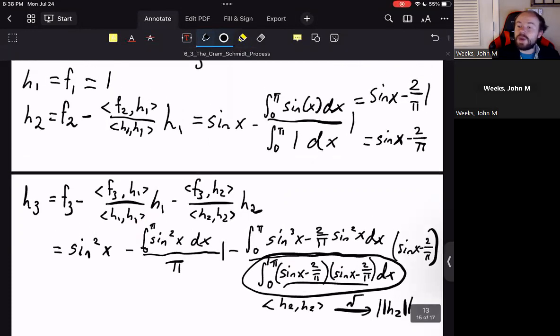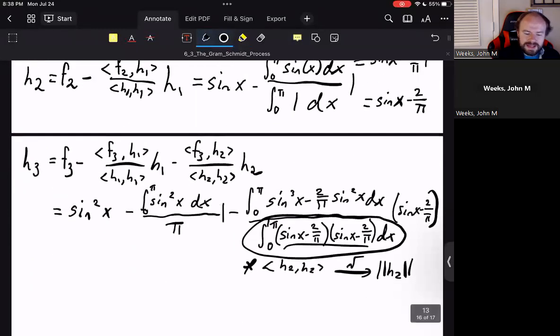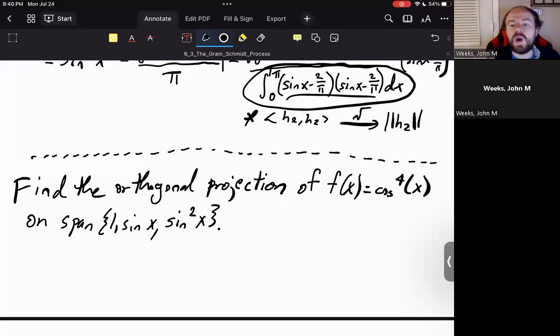So I'm already doing my work to find an orthonormal basis by using this Gram-Schmidt process. Once all of this is done, I'm going to have to divide by the length of h2. And that's what I'll have to do to get this value right here. So this is the work that it takes to figure out an orthogonal and eventually an orthonormal basis for this subspace.